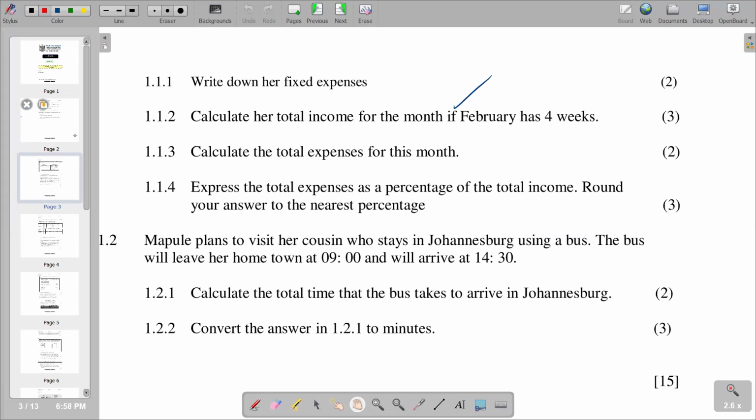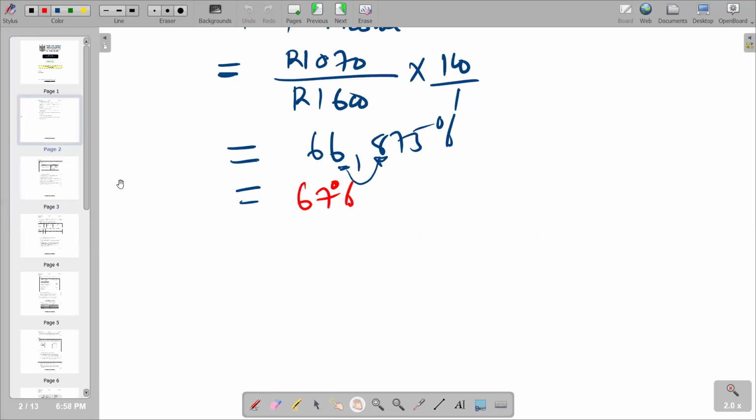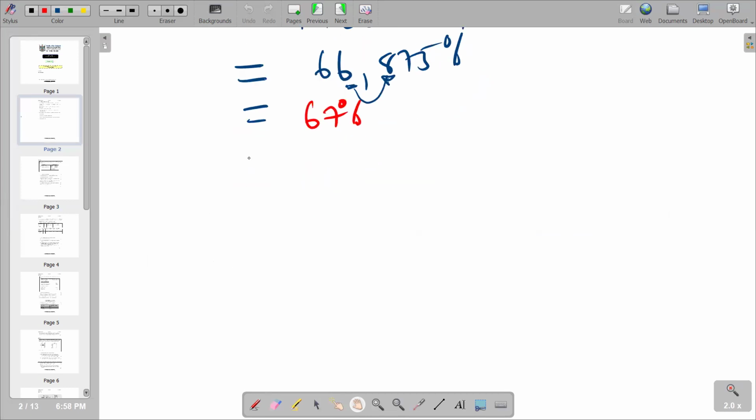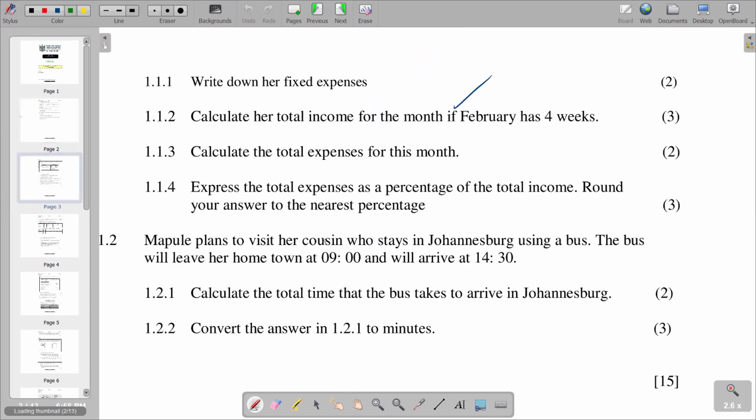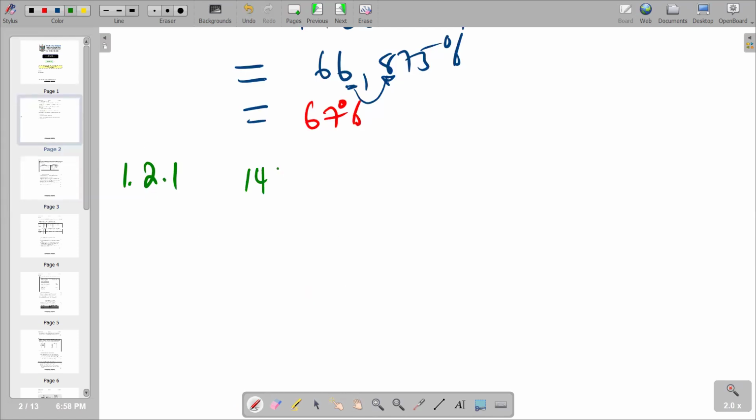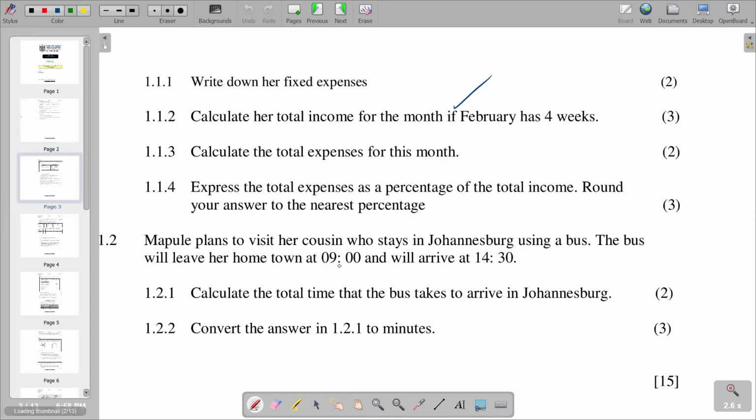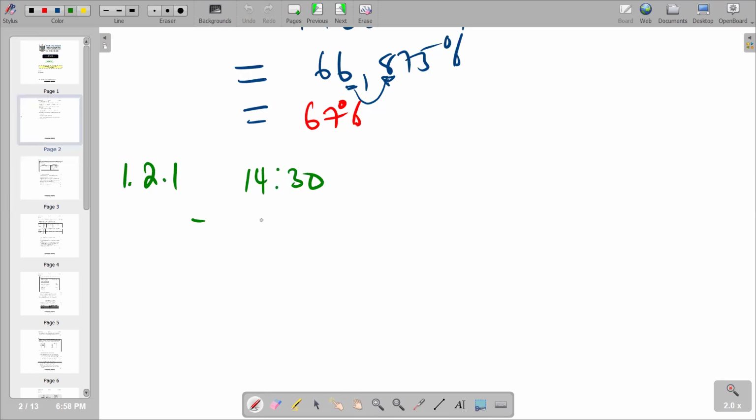So on our answer section, this is now going to be 1.2.1. So 1.2.1, remember we are saying 14:30 hours, subtract 0900 hours.